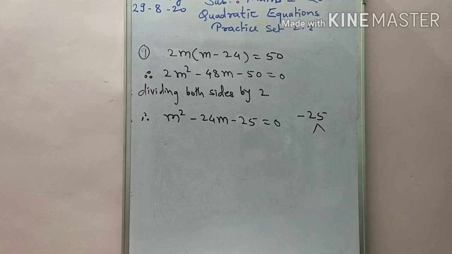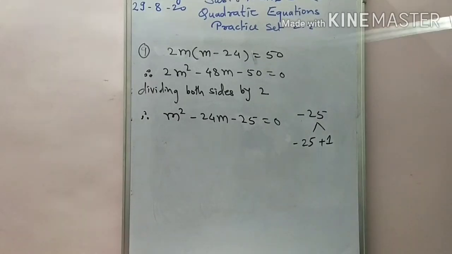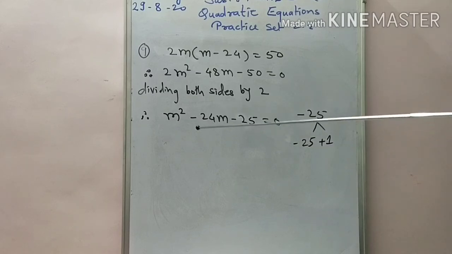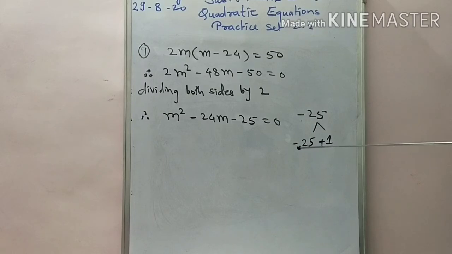Hence the factors are 25 and 1, and since it is subtraction, the middle term gets the sign of the greater value, so minus 25 plus 1 are the factors. Then we bifurcate this term, group the terms into two groups and find the roots of the equation. Okay, so that remaining part I will keep as your homework.